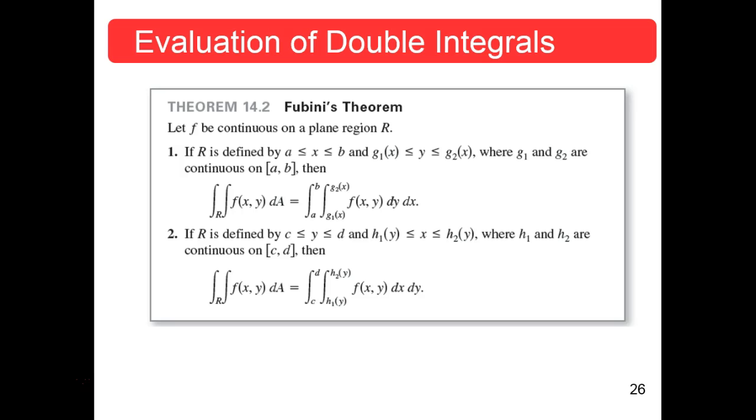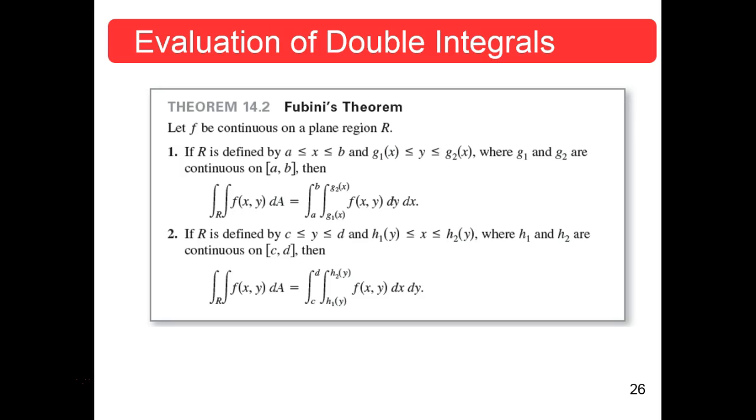Always do the inner one, your dy, first, because that's given in terms of functions of x. Once you get that done, what's inside will all be functions of x, and x is going between actual numerical limits.